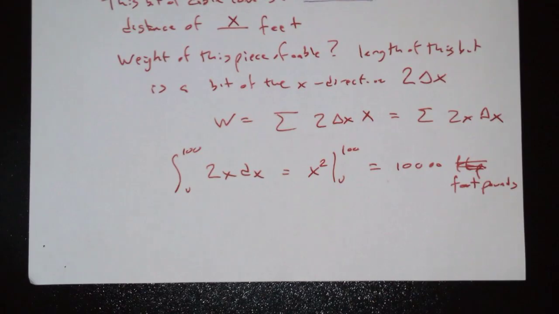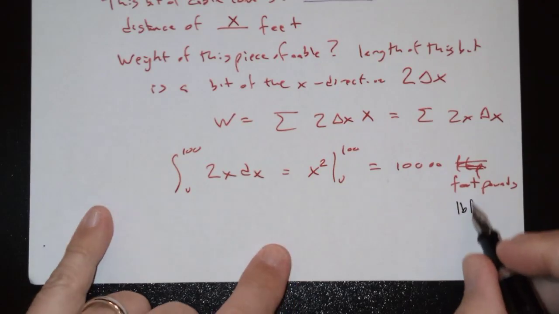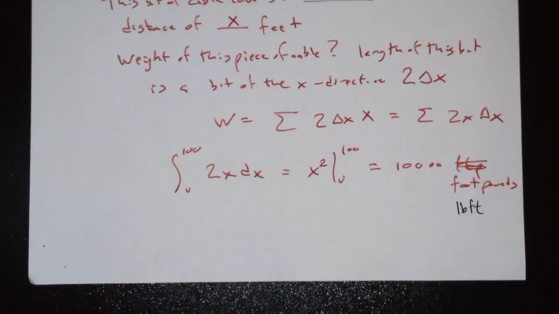Foot-pounds. An interesting note, you'll often see this abbreviated rather than foot-pounds as pound-feet, in which case you'll actually see it written like that. LB is the abbreviation for pound.